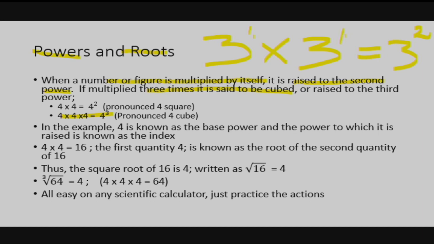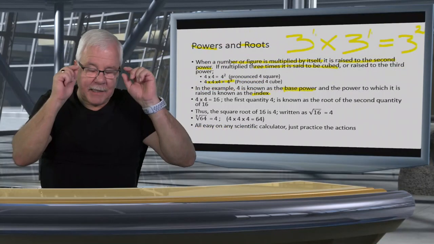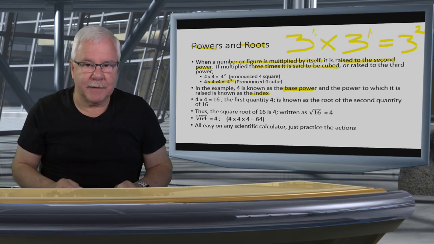In the example, 4, and I know these are words, but they are the base power, the base power. So you can say raised to the power of 3, because sometimes we say that, and although the raised part is called the index, a lot of people will say 2 to the power of 2.